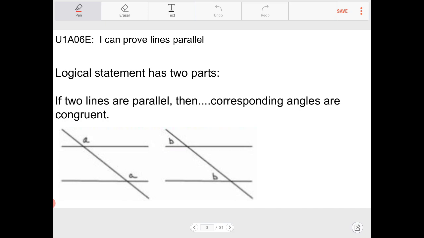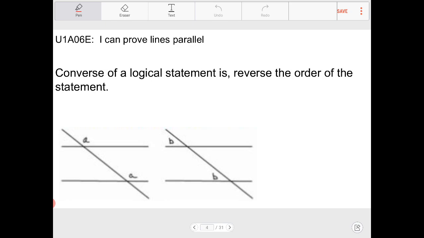Now, we're going to utilize this understanding to prove that the lines shown are parallel. To do this, we're going to reverse the order of this logical statement. We are going to state what appeared to be the conclusion at the beginning, and have what we started off with as our conclusion instead.